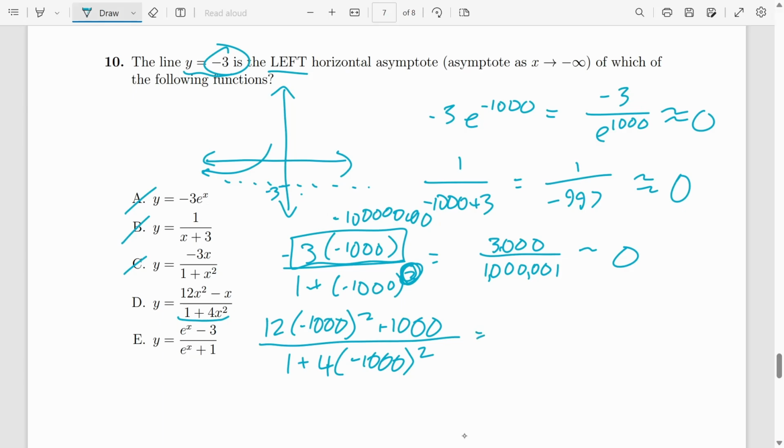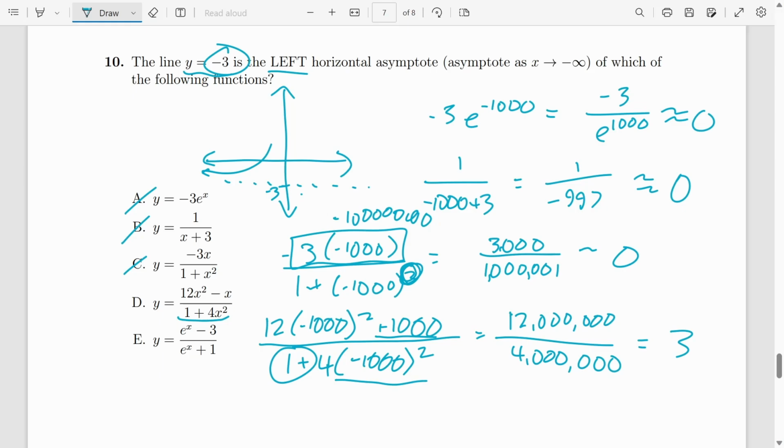So 12 times a million is 12 million plus 1,000. A million is way more than 1,000, so we can basically ignore that plus 1,000 on the top. And same thing with the 1 down here. That's really just going to be a fart in the wind compared to this million right here. So it's 4 million, and this one equals 3. Oh, really close here. This is positive 3 instead of negative 3.